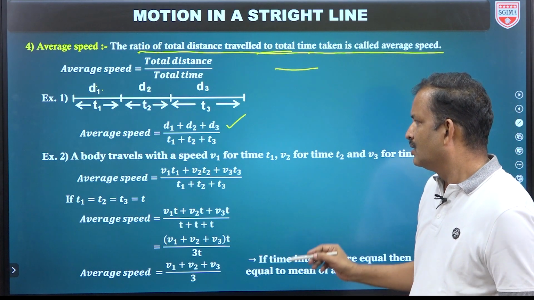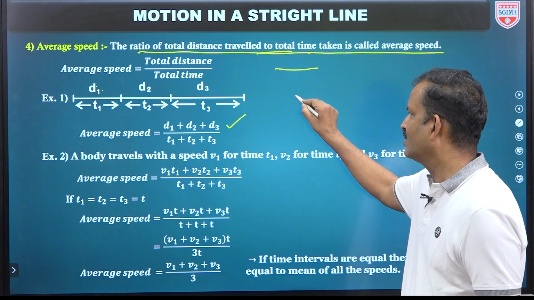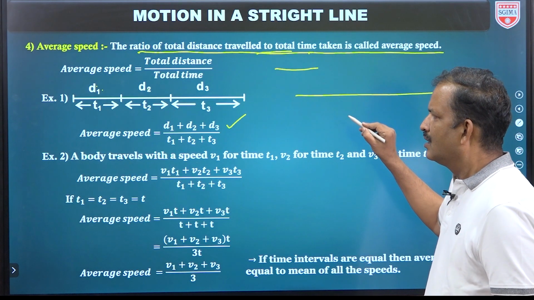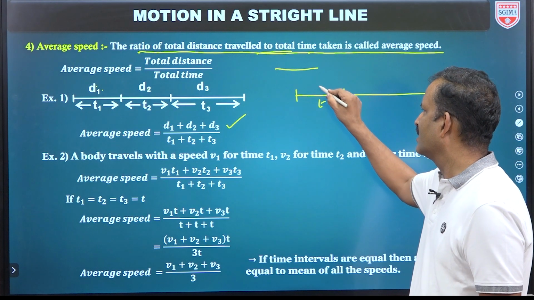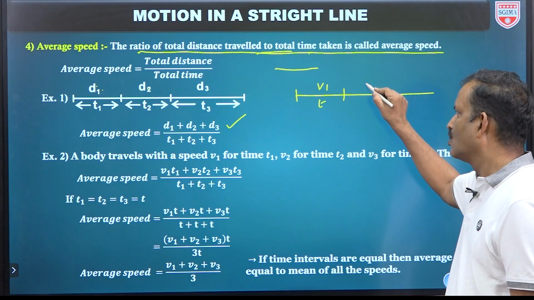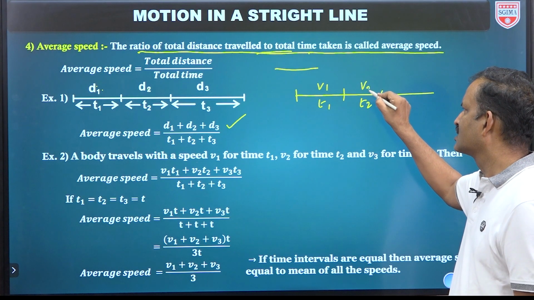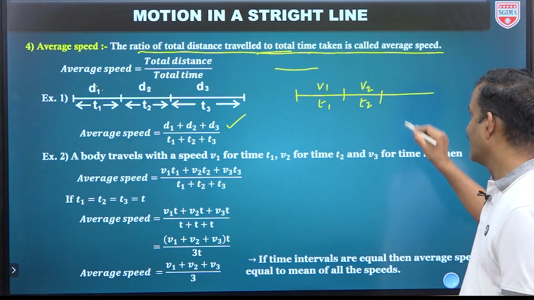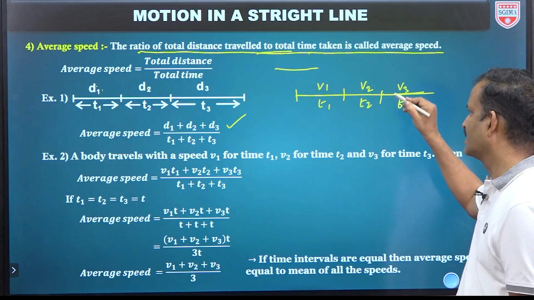But instead of distances, for example, in time t1, the body travelled with speed v1. In time t2, the body is moving with speed v2. In time t3, the body is moving with speed v3.